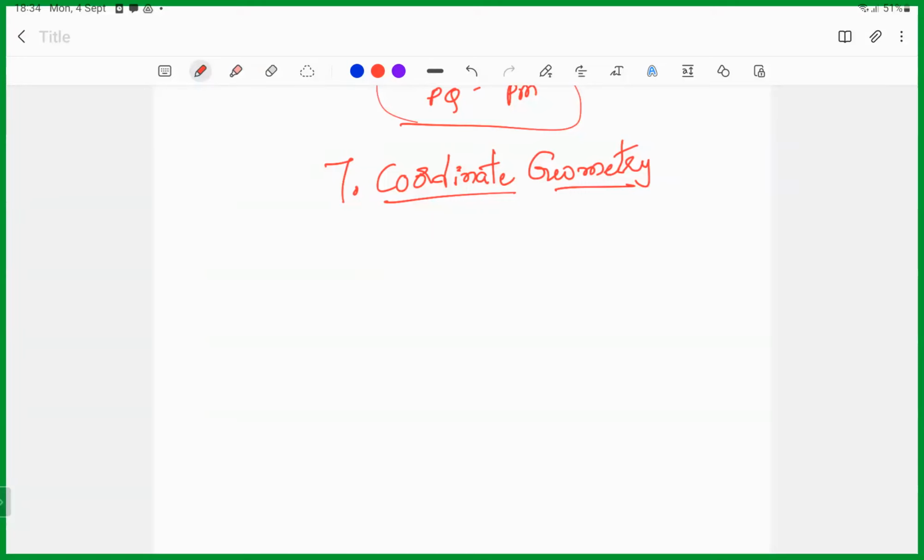To find area, distance, right? Distance between 2 points. What else?